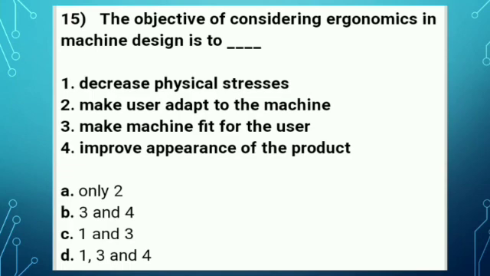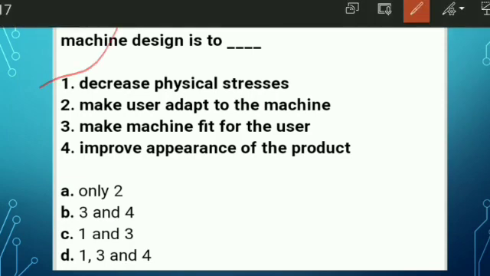So in that case, our objective in considering ergonomics in machine design is to decrease physical stress. Number 1 is right, and option 3, make the machine fit for the user. So 1 and 3 is the right answer. So in that case, option C is the right answer.